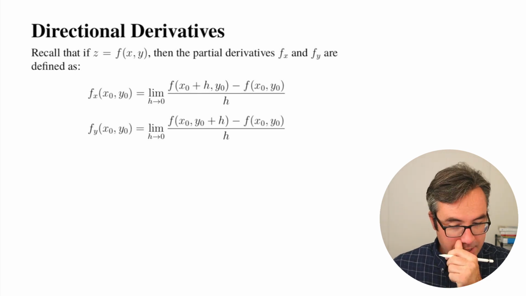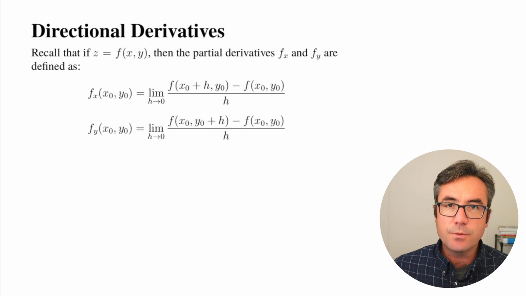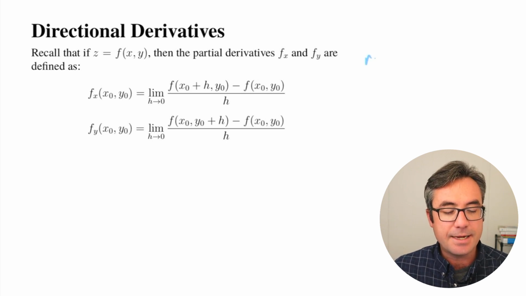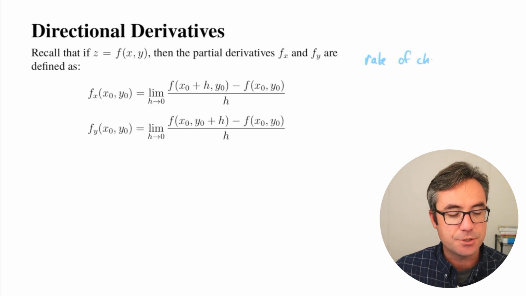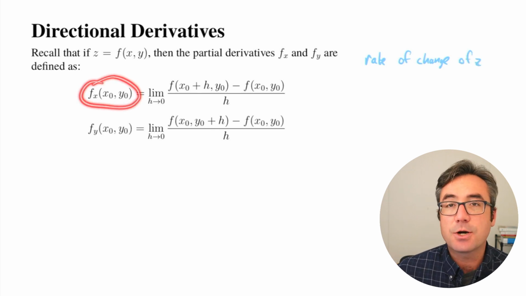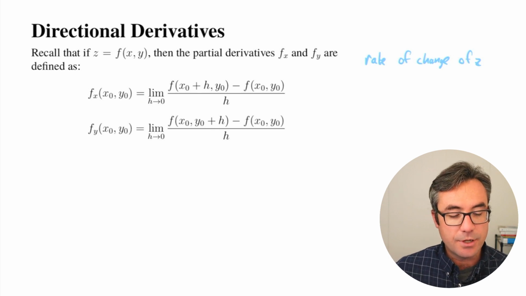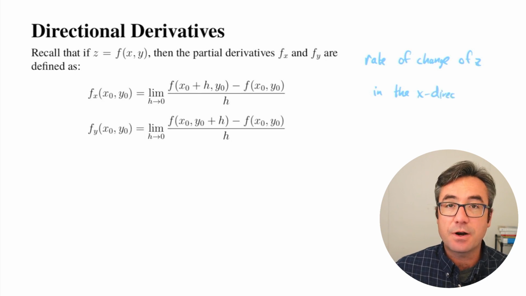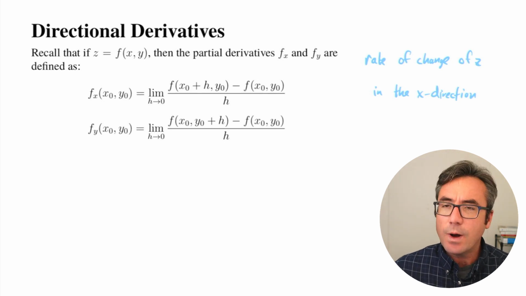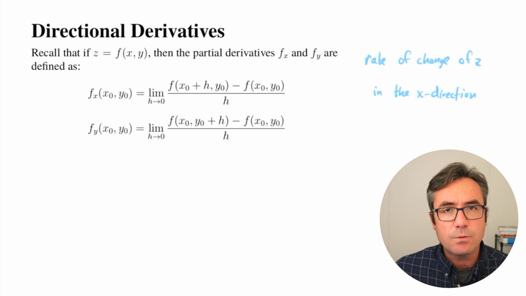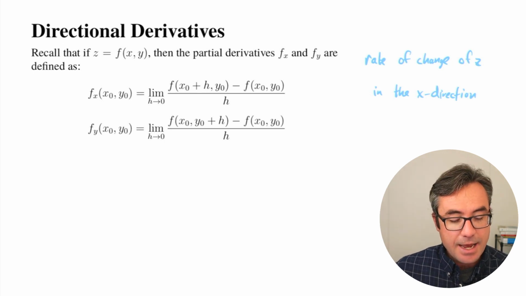So in the first case, what we're doing with these derivatives is we're really looking at the rate of change of our function z. And when we talk about the x partial derivative, what we're really doing is we're looking in the x direction. So we're looking at the rate of change of our function as we take a small step in the x direction. And then our y partial derivative is, well, we're looking at the change in our function as we take a small step in the y direction.